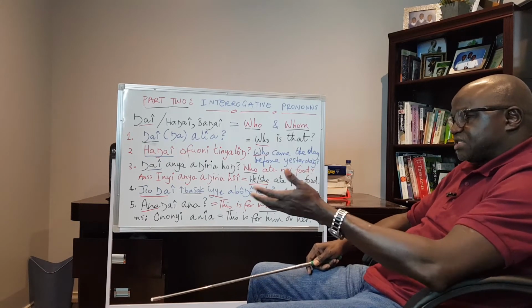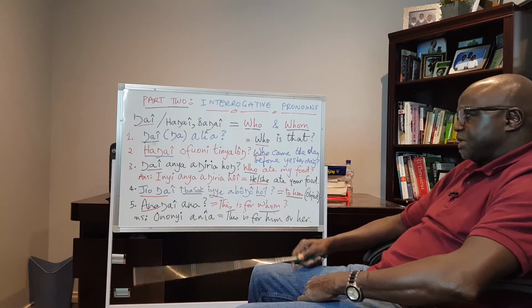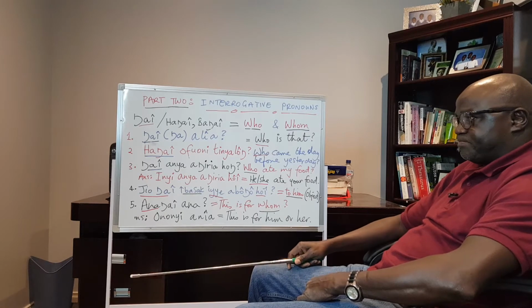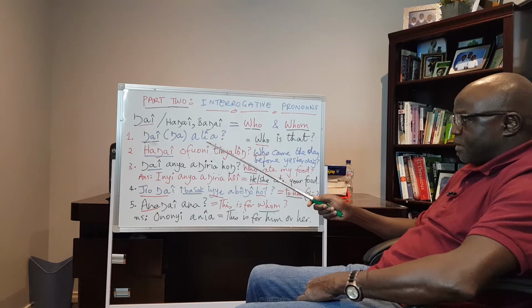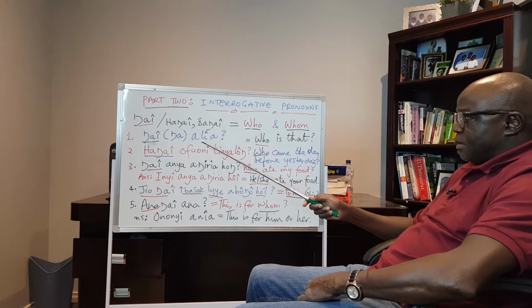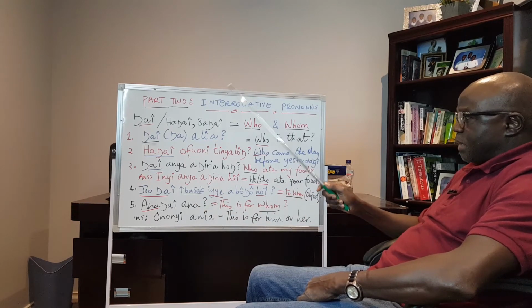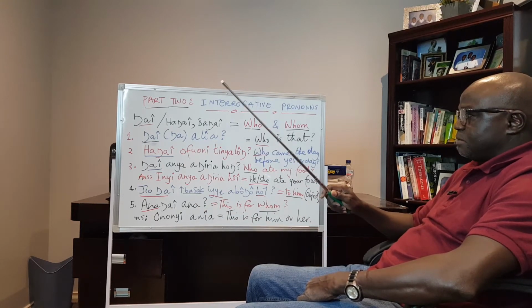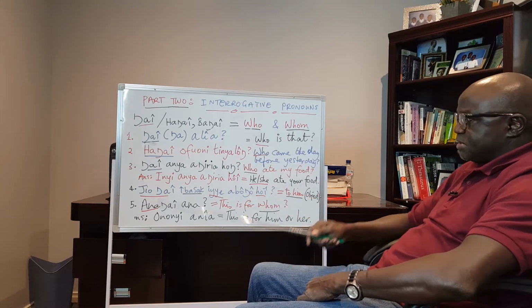For example, if someone is talking with someone else, you can say Haŋaî alîa, because you want to know them. Alîa here is this. This is a demonstrative pronoun, including ana. We'll come back to them later on. But Haŋaî alîa means who is that?